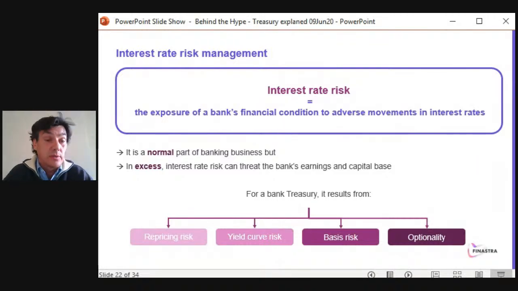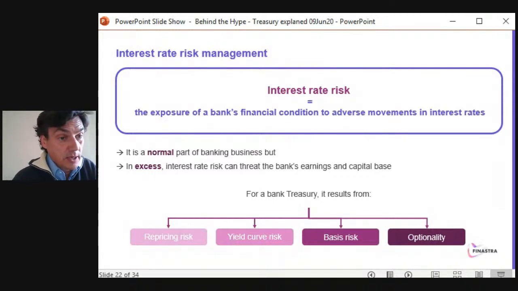So what is the interest rate risk? It's how much you can lose or make when you face adverse movements in interest rates. So if you are a net lender of money and the interest rates are going up, or a net borrower and, for example, the interest rate curve is going down.